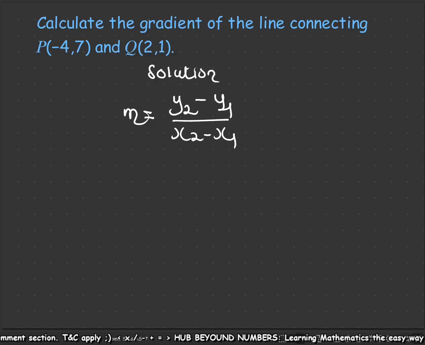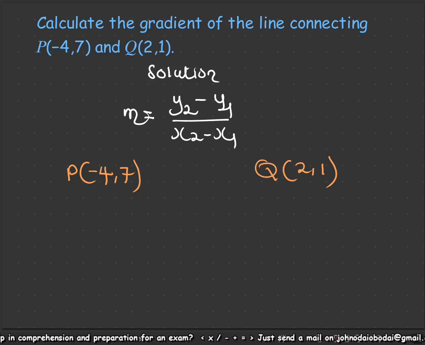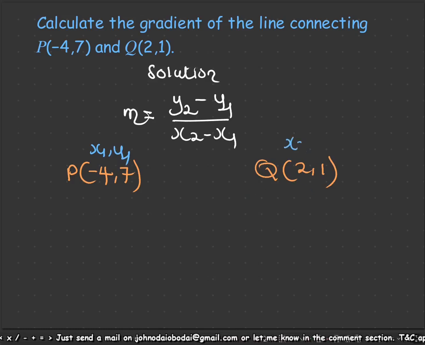And the most important thing here is you identifying what your x1 and y1 is, and what your x2 and y2 is. Hence for our P, which is -4, 7, we are going to let that be our x1 and y1. And then for our Q, which is 2, 1, we are going to let that be our x2 and y2.